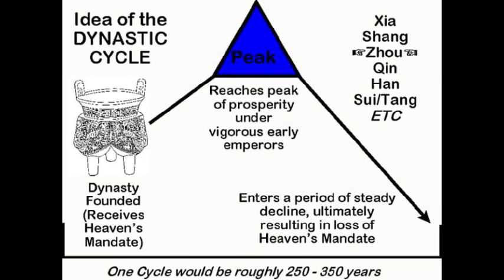The dynasty gets old, taxes go up, corruption increases, rulers start to not be as good. From there, you may have a natural disaster, and from natural disasters we go to usually an invasion or revolt. The dynasty is overthrown, and the cycle starts again.